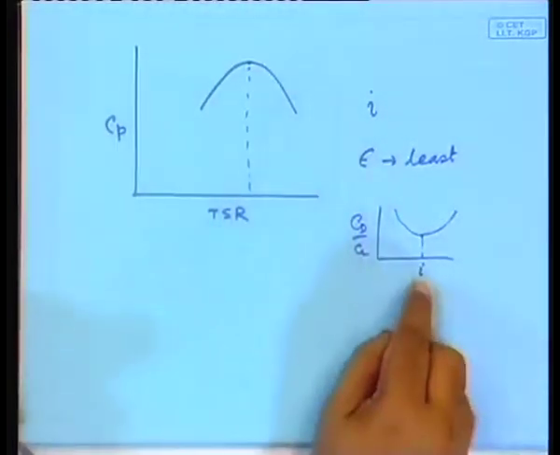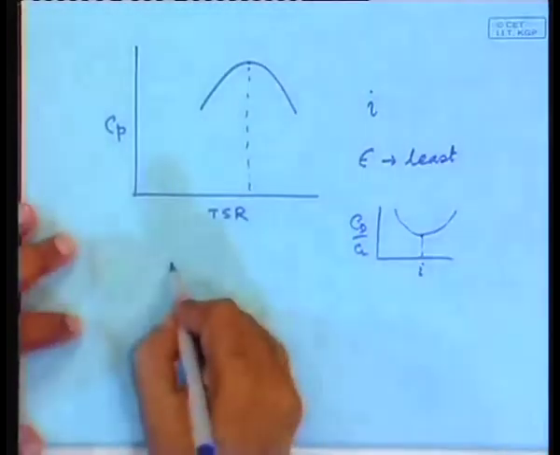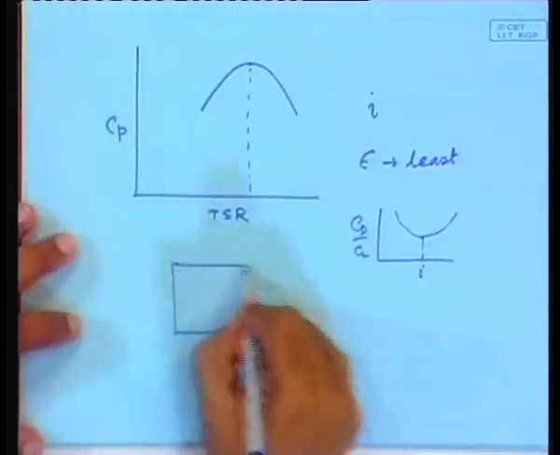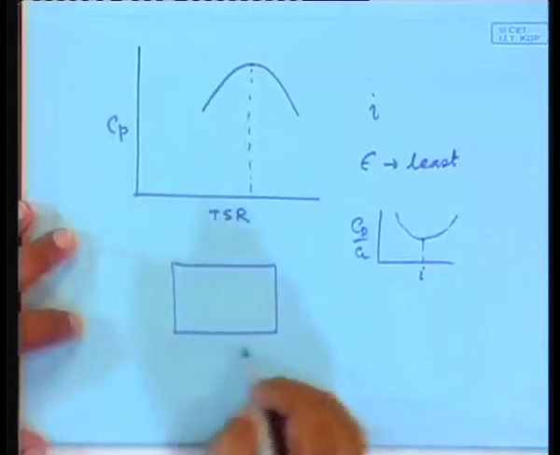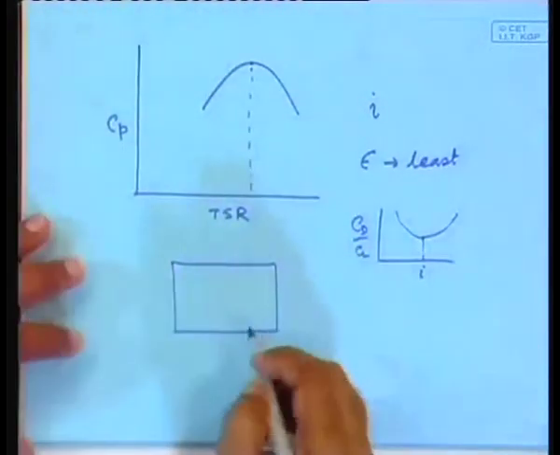Now, in order to maintain this i, what is this i? That was, if you remember, the velocity parallelogram.